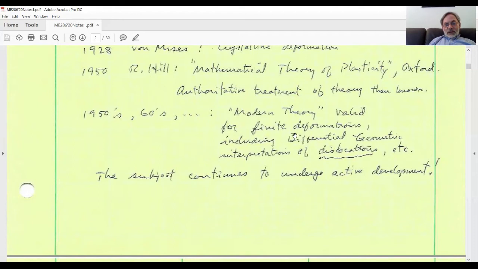And we'll find that plasticity theory affords a very interesting setting in which to exercise these developments in differential geometry.